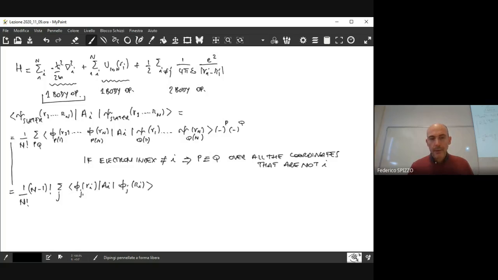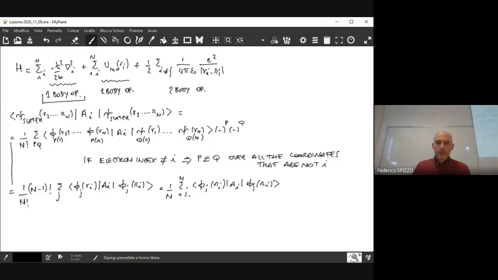So due to that, I replace the effect of the permutation just with a summation. So n minus 1 factorial divided by n factorial is just 1 divided by n. So this is 1 divided by n times the summation over j that runs from 1 to n of phi j ri, the operator I, and then phi j ri.